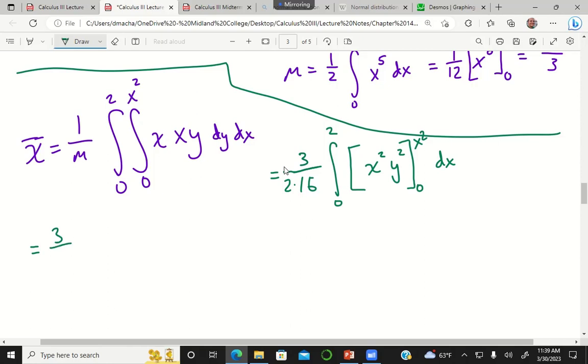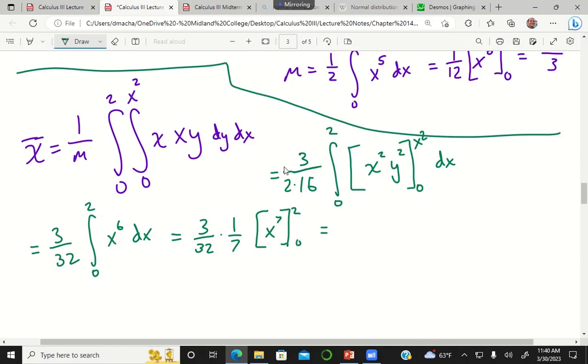So I'll have 3/32 integral 0 to 2 of x to the 6th dx. And so whenever I take that antiderivative, it's going to be 1/7 x to the 7th evaluated at 2 and 0. So what is 2 to the 7th power? 128.